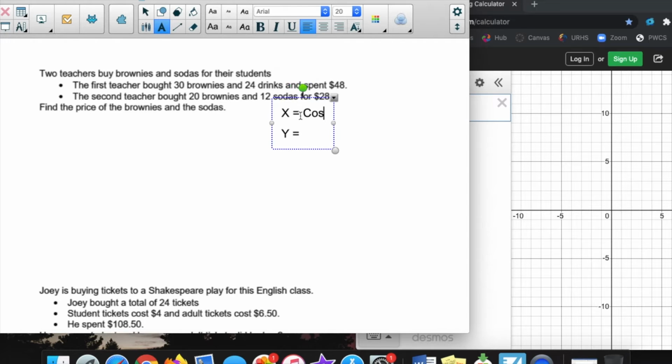The cost of a brownie is going to be x, and the cost of a soda is going to be y, an individual brownie and a soda. So I know that, and I can organize my two equations around that. What I have to do is take these statements that I'm given about these teachers and make them into math equations using these variables.